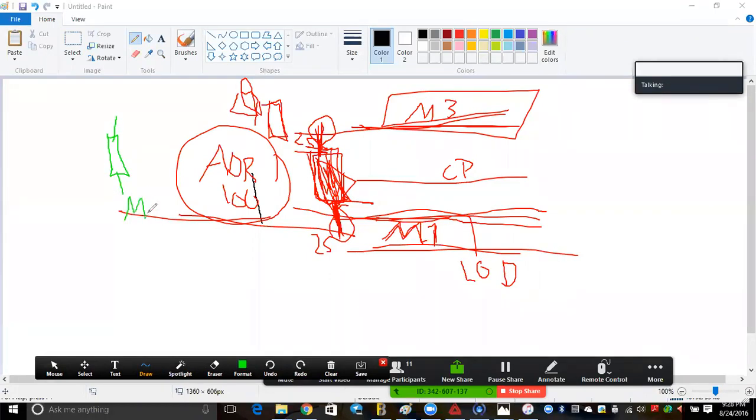Same thing, M2, and then somewhere around here, your M4. Whatever that mark is where the LOD and the HOD is. These help you project tomorrow's HOD and LOD.